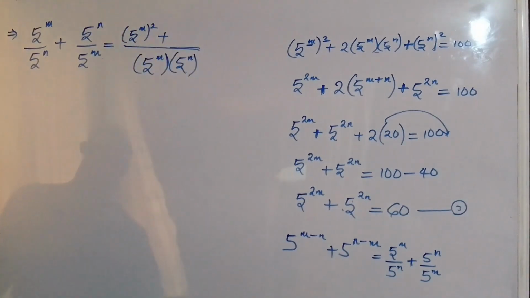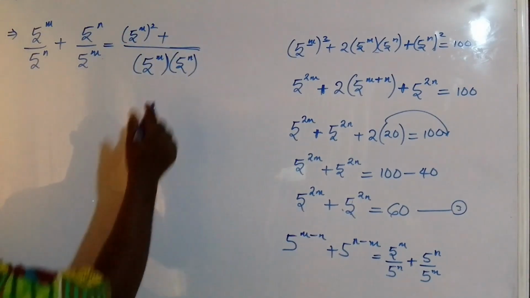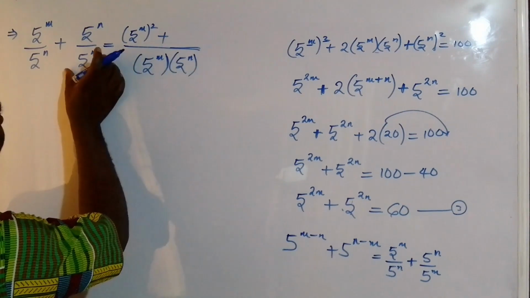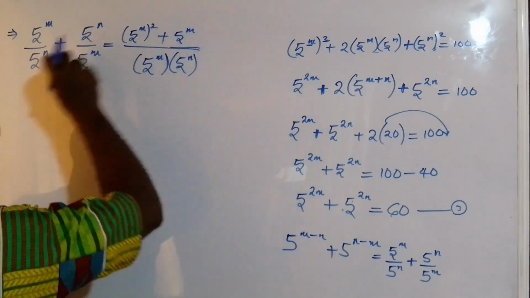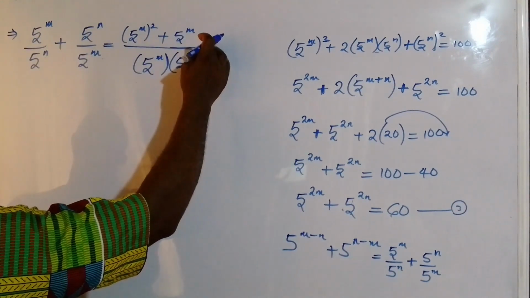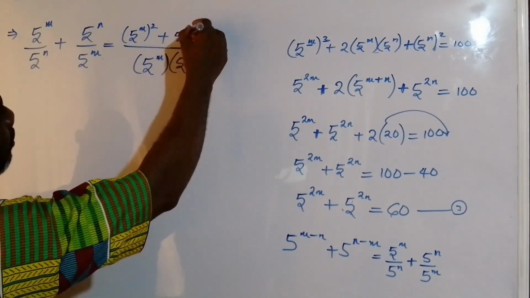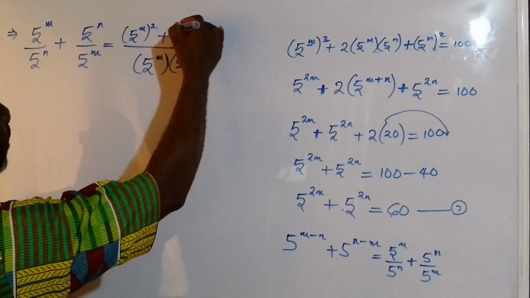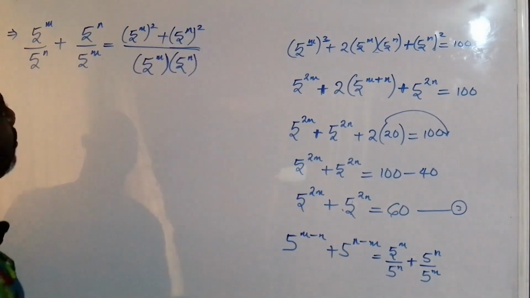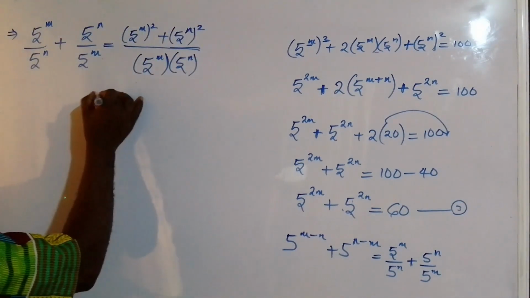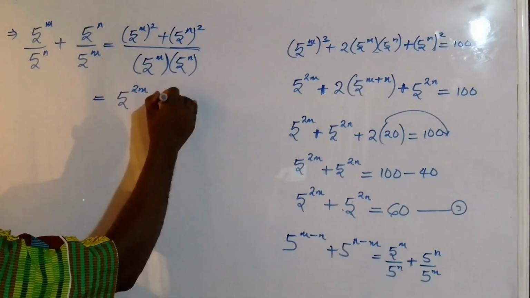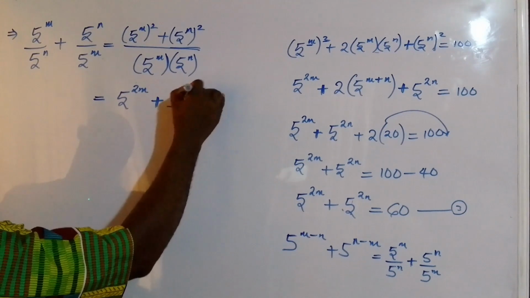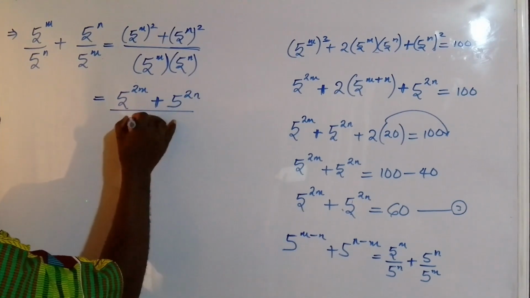Plus, the same thing applies: the denominator divided by 5 to the power of m gives 5 to the power of n, multiplied by this 5 to the power of n, that will be 5 to the power of n squared.